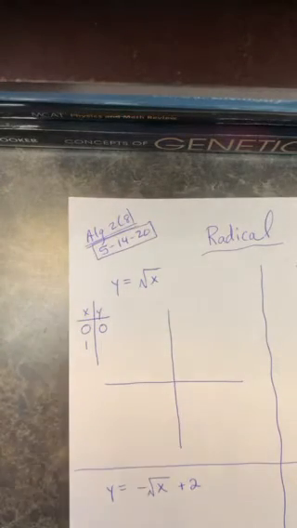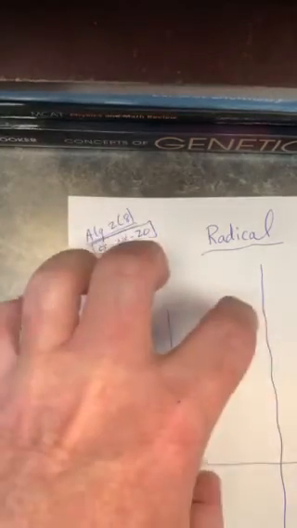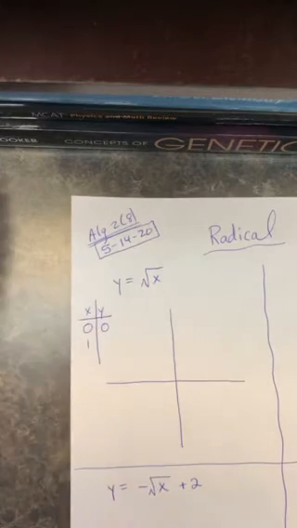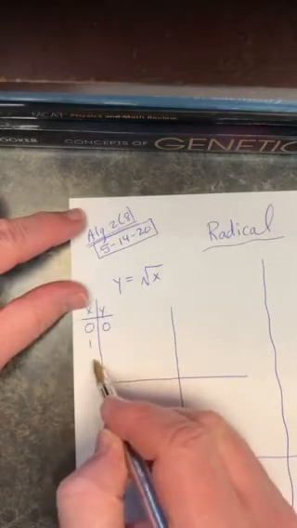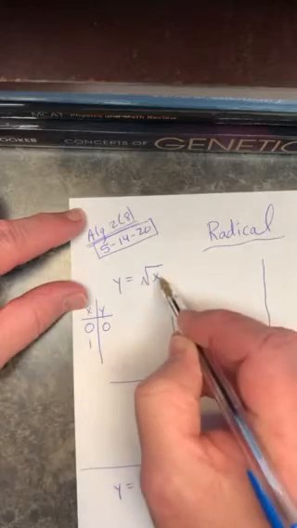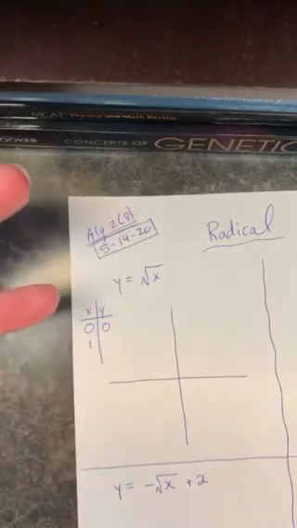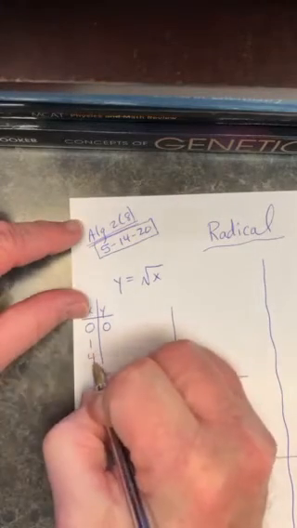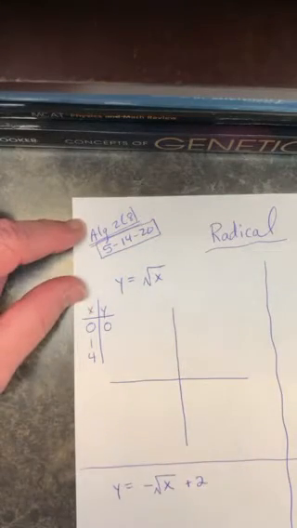Our goal, as I said from day one, is to graph these quickly and accurately by hand. So if I don't have a calculator, why in the world would I put a 2 in there? What's the square root of 2? I don't know, some decimal that I don't know the value of. So wouldn't 4 be the third number that makes sense here?